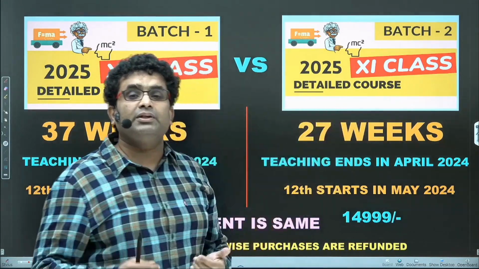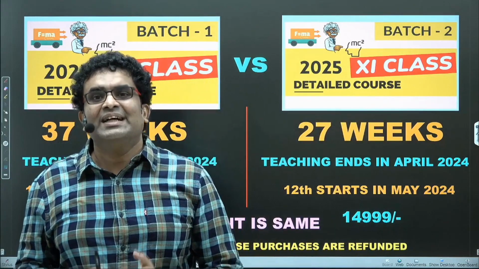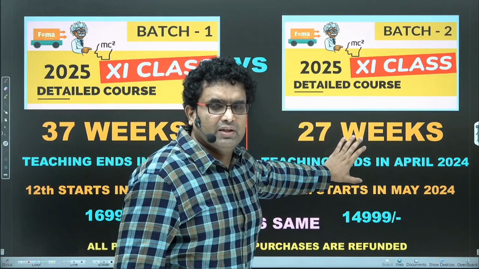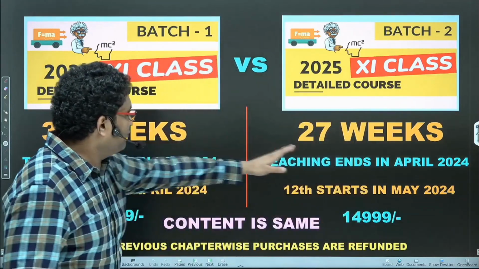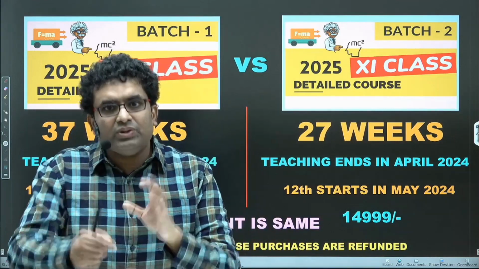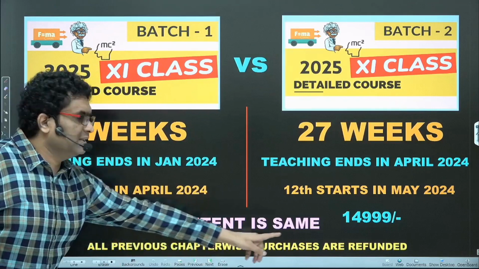And certain chapters which are important and slightly difficult for students to understand, like waves and sound, the same number of weeks are allotted here and here. So it's not half, you could see. I have strategically reduced where we can reduce. I have reduced the number of weeks, not the content. As I said, content will be the same.